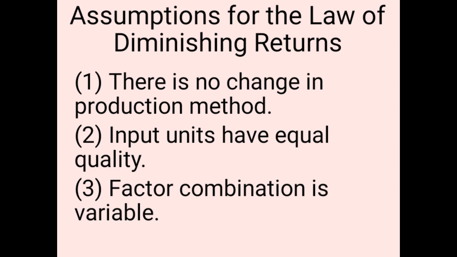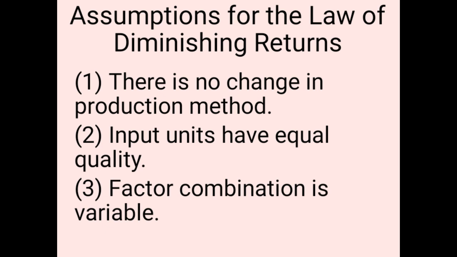Method of production means, when it comes to increasing or decreasing or whatever we are doing, we need to keep our method of production constant. The use of technology is never changed. If there is improvement in the method of production, the production may increase and not stop increasing after a certain limit. In such case, the law of diminishing returns does not apply.